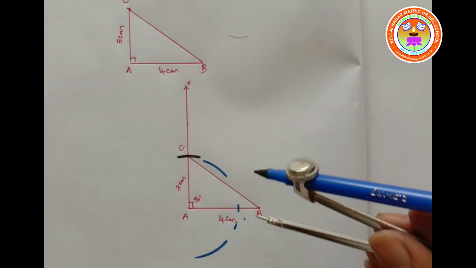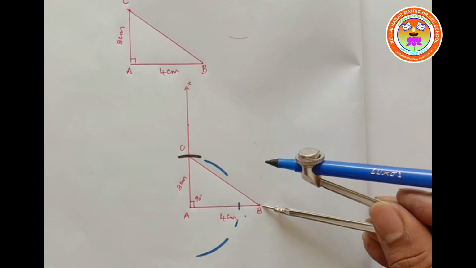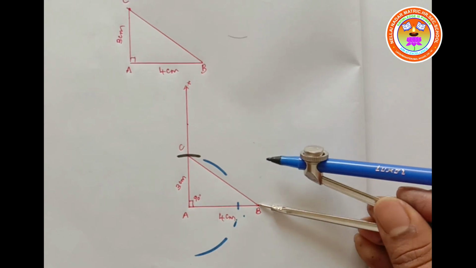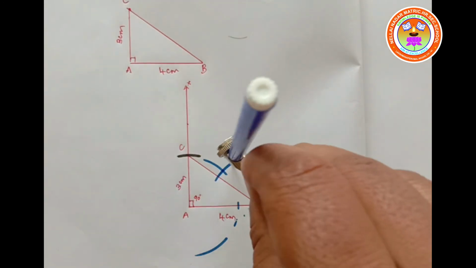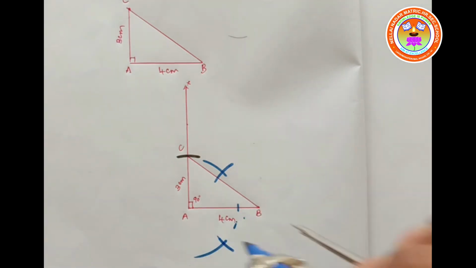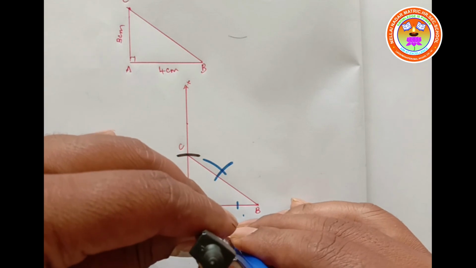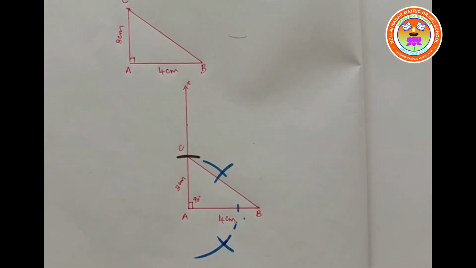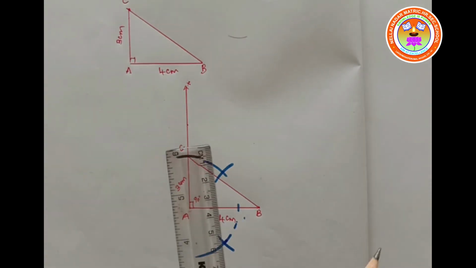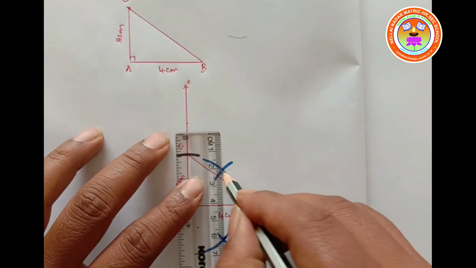From B, now see children, now you are going to join the line with the help of scale.